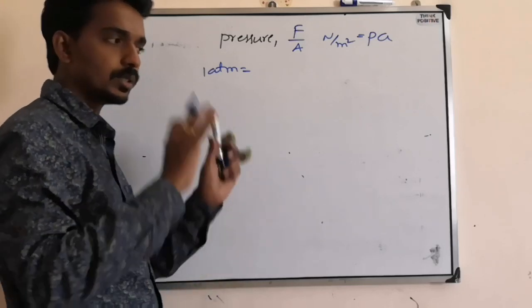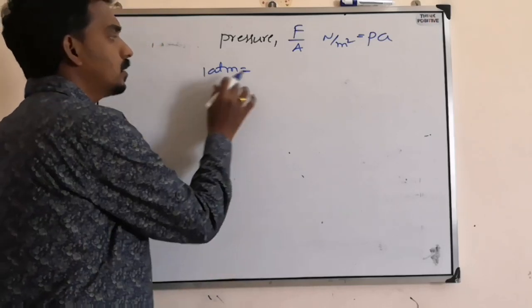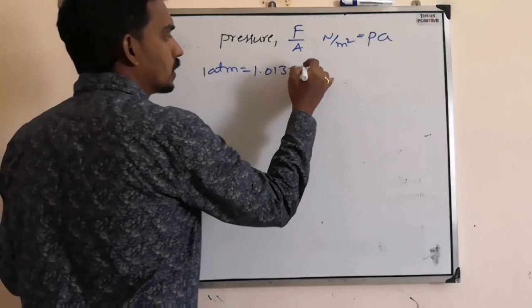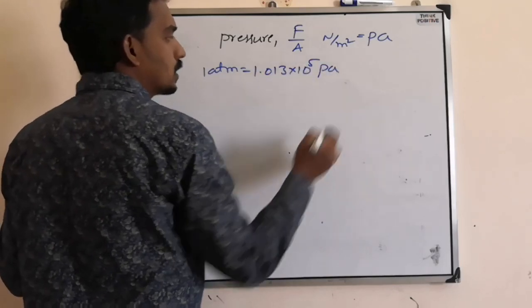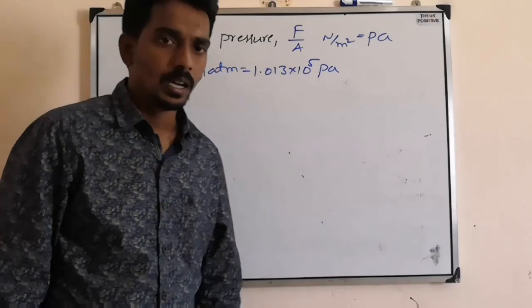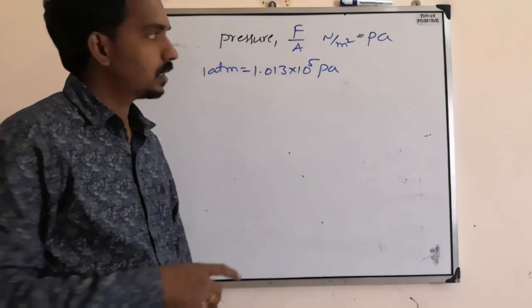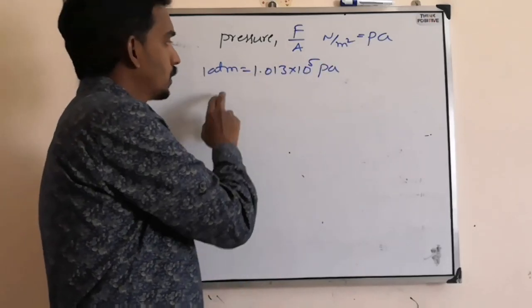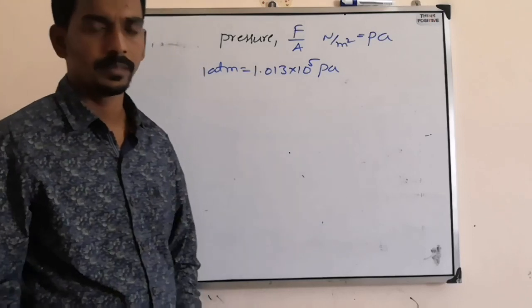The pressure due to the atmosphere we call 1 atmosphere, which is equal to 1.013 into 10 power 5 Pascal or Newton per meter square. So this is the pressure definition, these are the units, and this is the relation between Pascal and atmosphere.